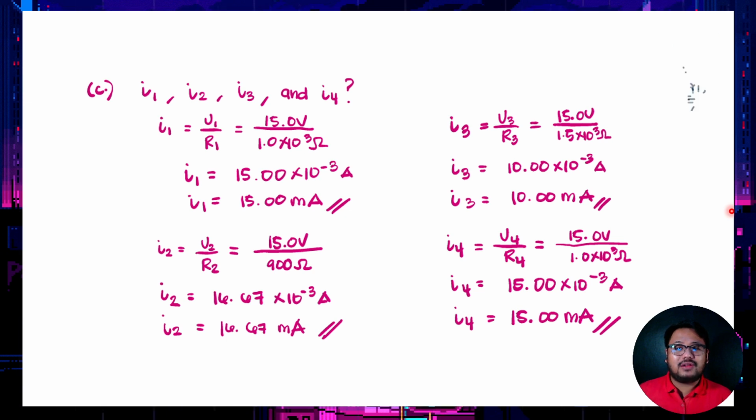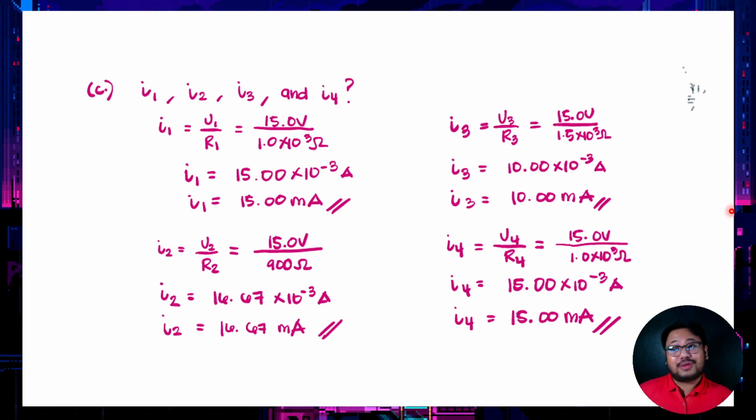So for I1, 15 volts over 1 times 10 raised to 3 ohms, we got 15 milliamperes. For I2, 15 volts over 900 ohms, we have 16.67 milliamperes. I3, we have 15 over 1.5 times 10 raised to 3, we have 10 milliamps. And I4, we have 15 volts over 1 times 10 raised to 3 ohms, we got I4 equal to 15 milliamps.